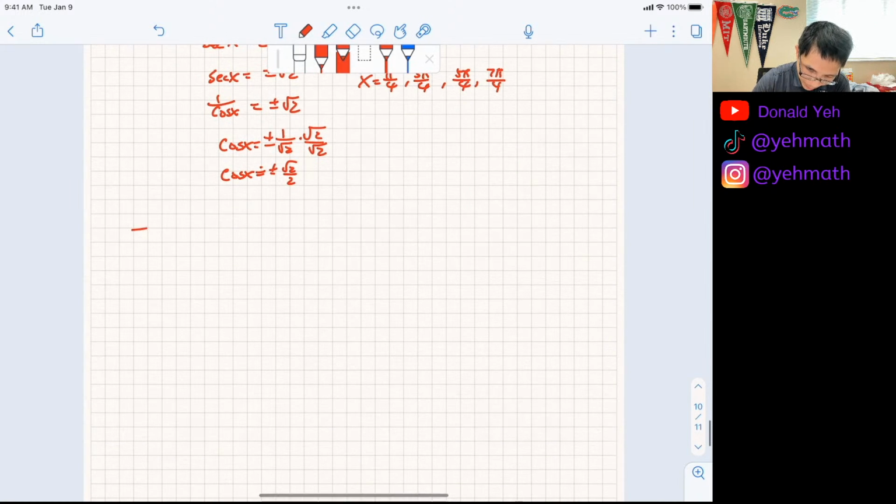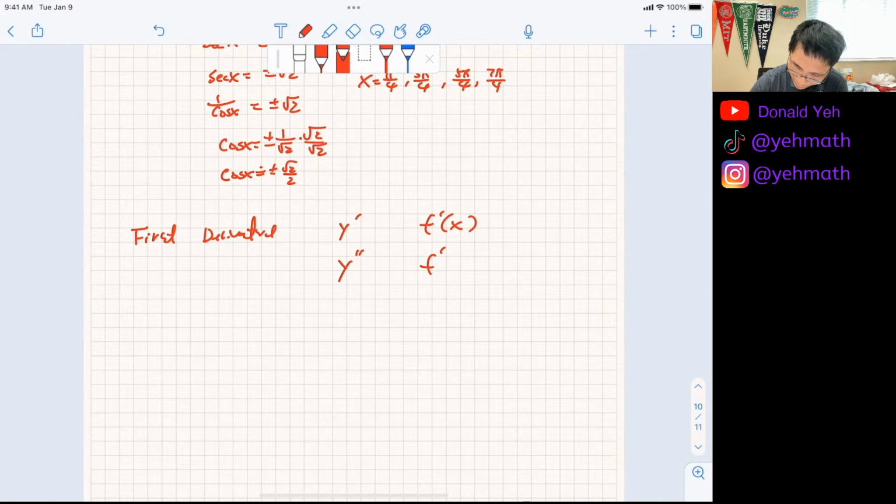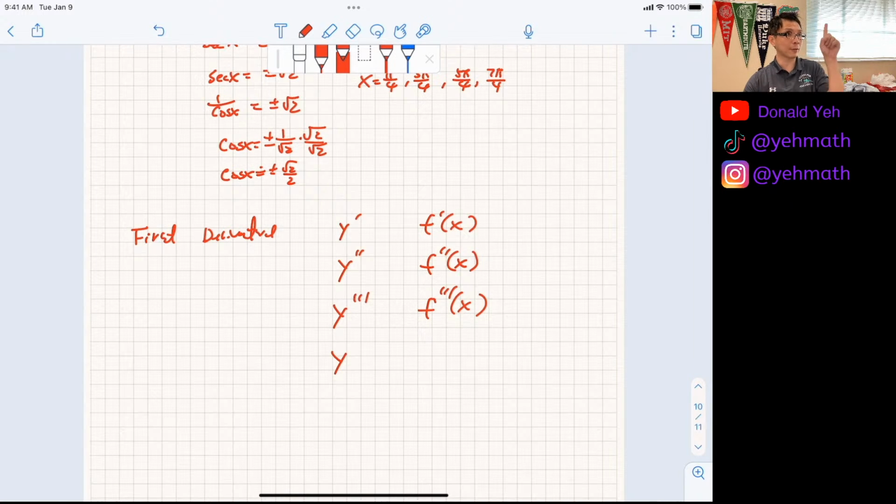Okay, let's also talk about higher derivatives. Today's homework, you're gonna have to take the second derivative. So the second derivative is gonna look like this. You just take a derivative twice. And the third derivative is gonna be 3 prime. And the fourth derivative, you're not gonna write down 4 primes, you're gonna write down a 4 in parentheses like this. That means fourth derivative.